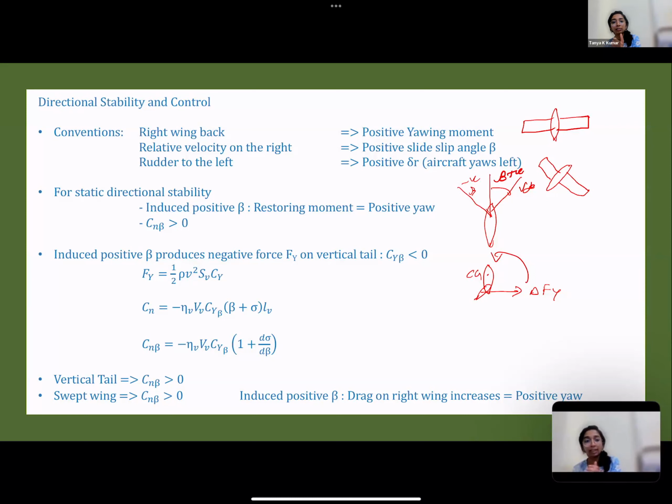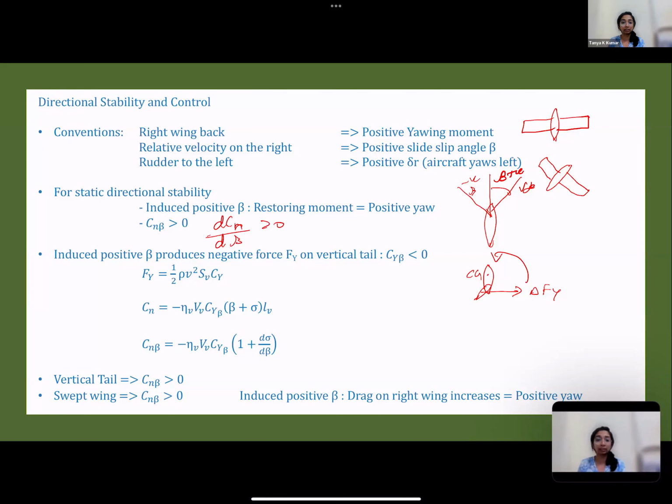If your aircraft is in this direction and encounters positive beta, it has to yaw towards the right, which is a positive yawing moment. So you require a positive yawing moment to counteract the induced beta. So your Cn beta, which is dCn by d beta, should be greater than 0, because for positive beta, you require positive n.